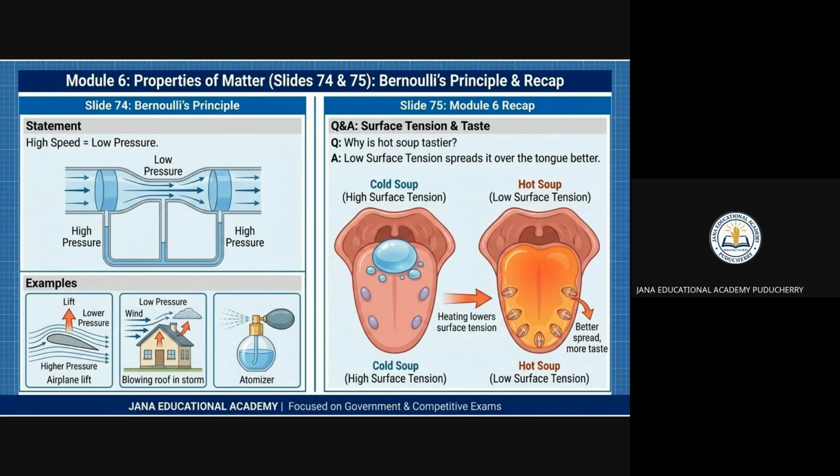In a flowing liquid, pressure is minimum where? Velocity is minimum, velocity is maximum, height is maximum, or density is maximum?